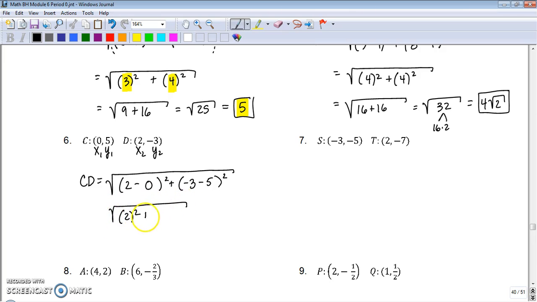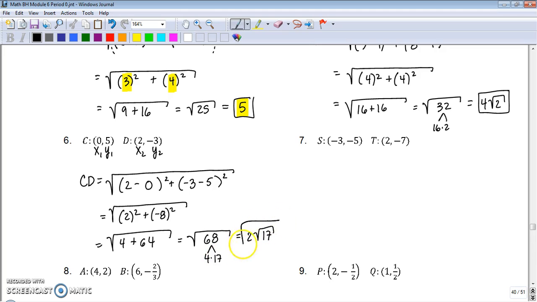It's 2 squared plus negative 8 squared. Just 4 plus 64. I should not have a negative under my radical at this point. It should go away, which is the square root of 68. And there's a 4 in there, 4 times 17, I think. Just 2 root 17.